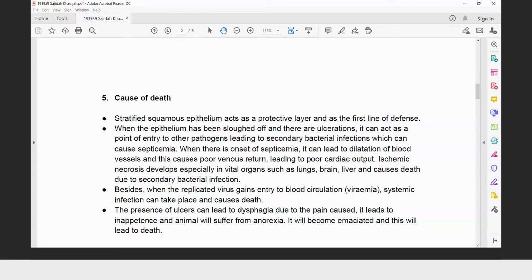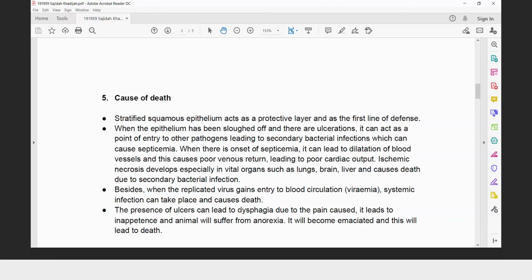Again, we still move to the main three vital organs. It still involves the central nervous system and the respiratory system. I think those two are very important: respiratory and central nervous system. Why? Again, you go back like in the first one.